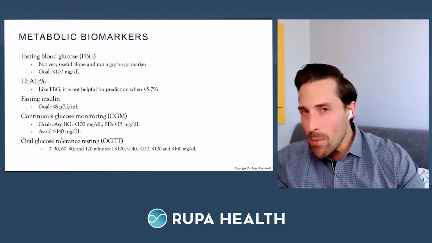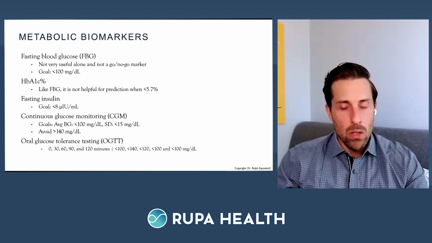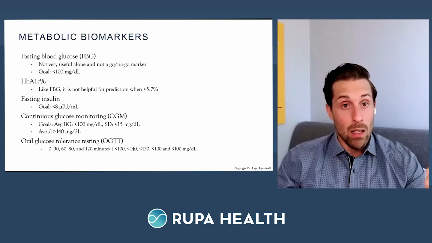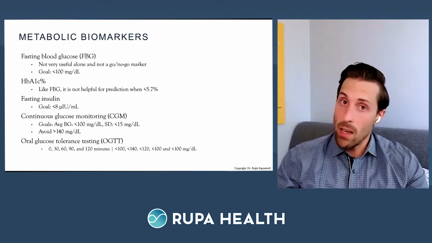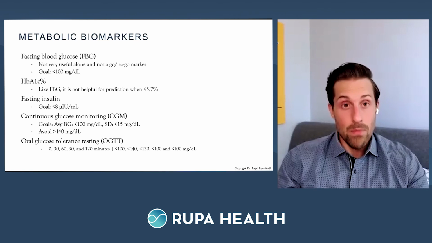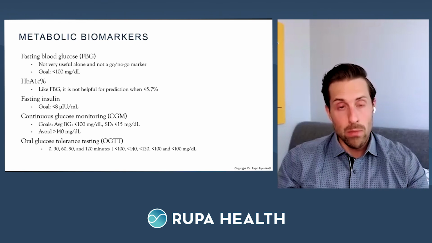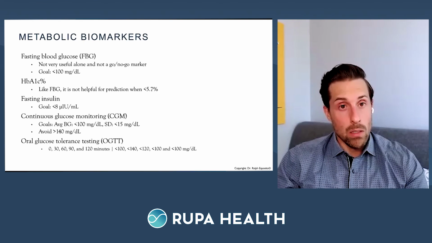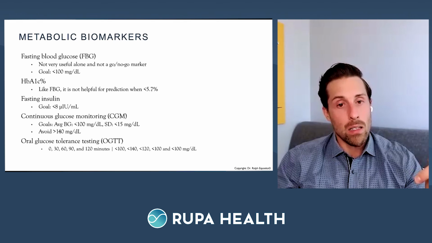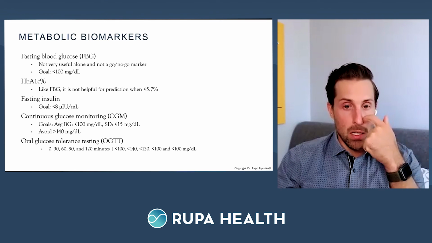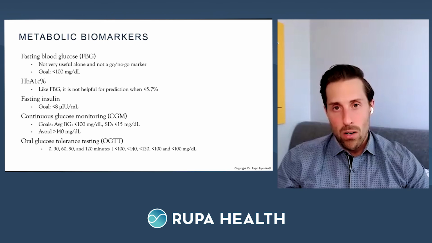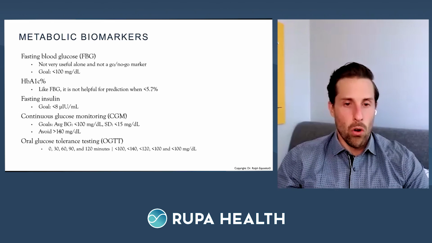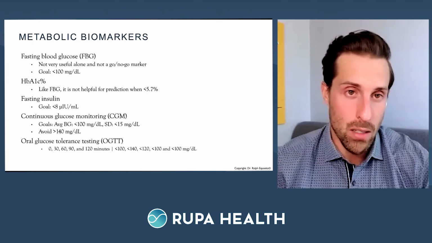Fasting blood glucose may be a little bit more useful, but to really assess insulin resistance at an early stage, the markers would be LDL particle size, VLDL particle number or VLDL-C, so more VLDL would be a problem because you would assume that they have more triglycerides, small dense LDL particles, and then these three markers: insulin, CGM, and OGTT, oral glucose tolerance testing. These are essentially the gold standard. Really, OGTT is the gold standard for insulin resistance.